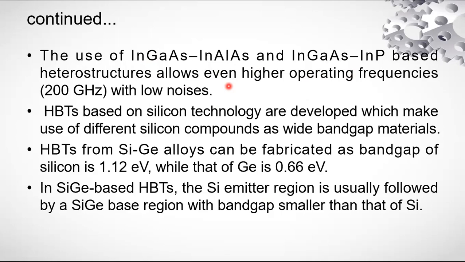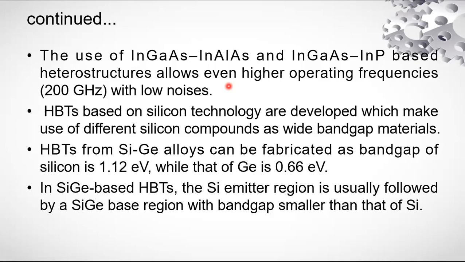So generally, HBTs based on silicon technology are developed, which make use of different silicon compounds as wide bandgap materials. And HBTs made from silicon germanium alloys can also be fabricated. Then we call it silicon germanium based HBTs.